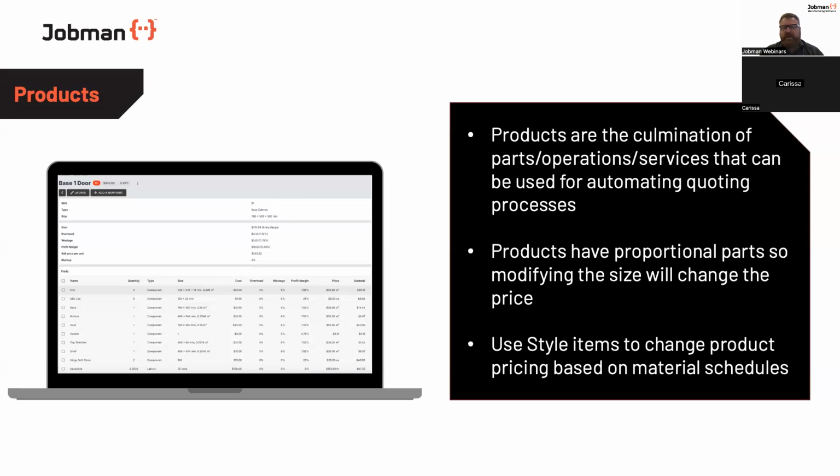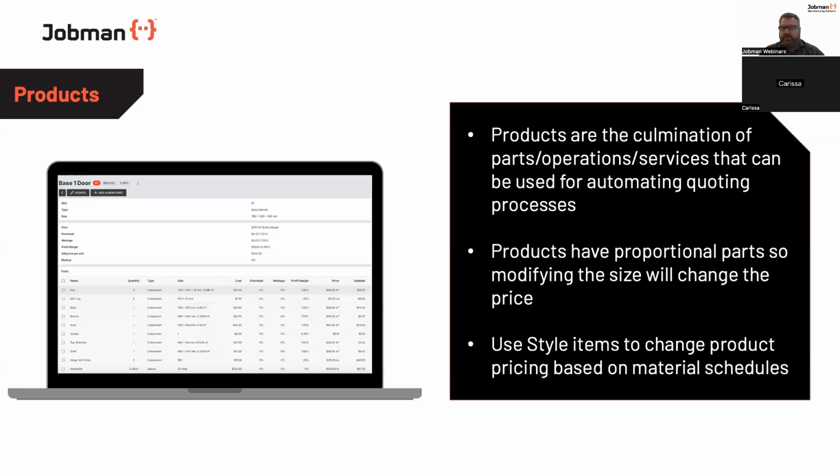Everyone's seen a benchtop. You've got one probably in your kitchen or your bathroom or floating around. Now the product is the benchtop. The parametrics of that product, when adding it to a quote, are the length, the width, and the material depth. So just using those three numbers, Jobman can calculate an area.